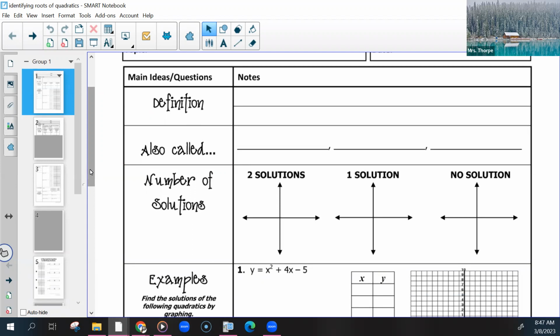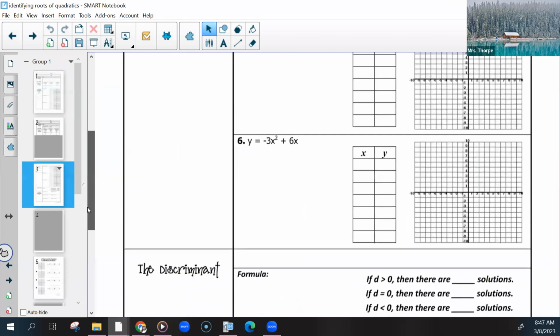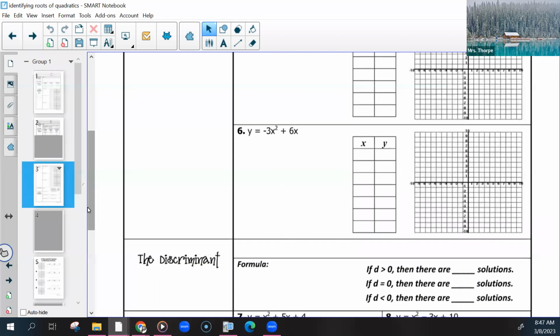Taylor, can you go over 6? Using which method? Algebraic, graph, table. Okay, so if you don't have your calculator, you need to go grab that.